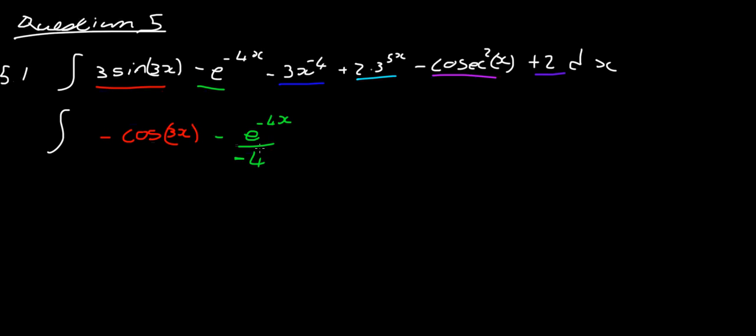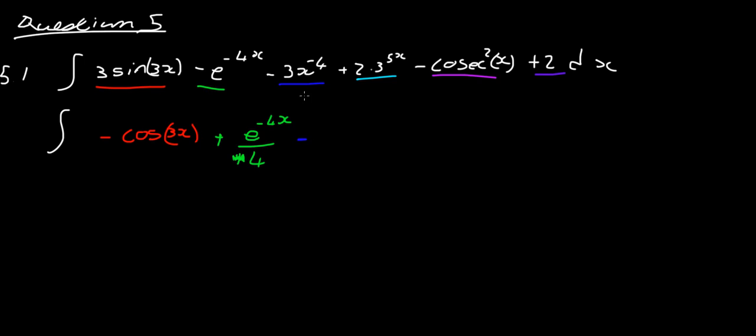Let me just check. Yes, it's over 4, and this is a plus here. If I differentiate this top piece, e to the minus 4x, I get minus 4e to the minus 4x. So if I divide that by 4, I'm left with that. Once again, you could just do this by u-substitution. I'm just doing it by inspection because it's a bit faster.